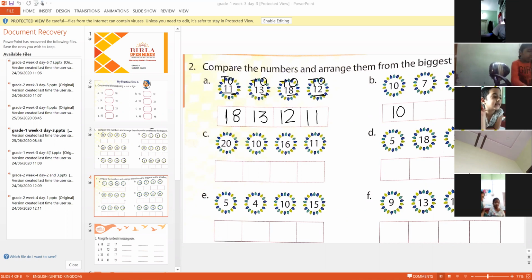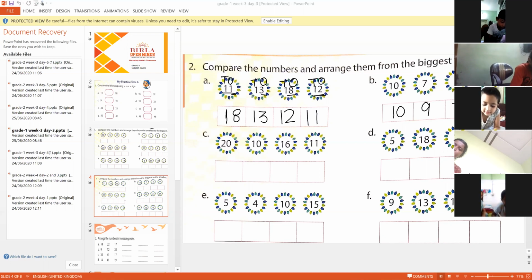No, you have to compare 7, 3 and 9, Manha. Which is bigger, 9 or 7? 9. Okay, very good. Now tell me which is bigger, 7 or 3? 7. Very good. Then the last one is 3. Very good, Manha.